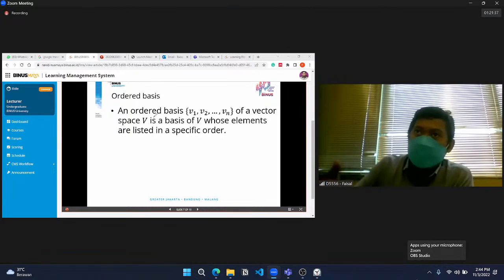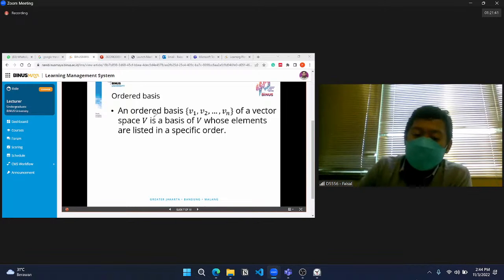A sequence is always considered as an ordered collection. So a basis we can also consider as an ordered basis. An ordered basis is a basis whose elements are listed in a specific order.